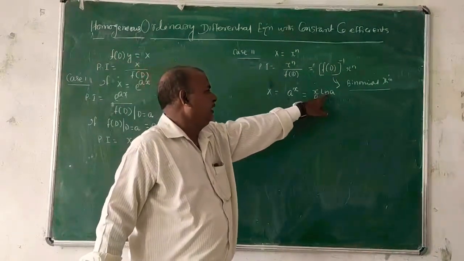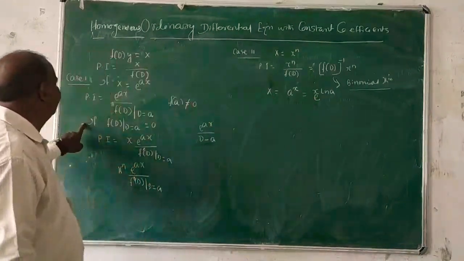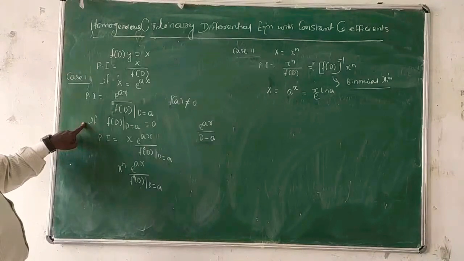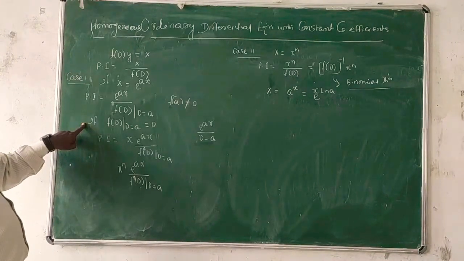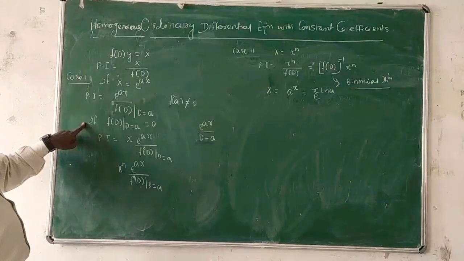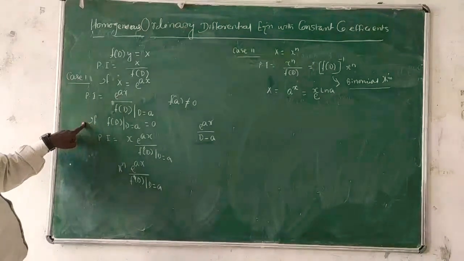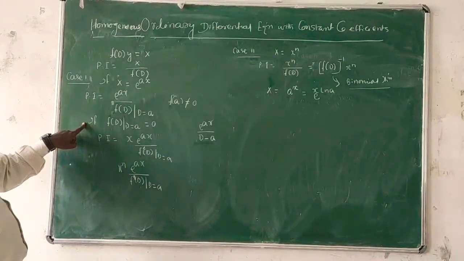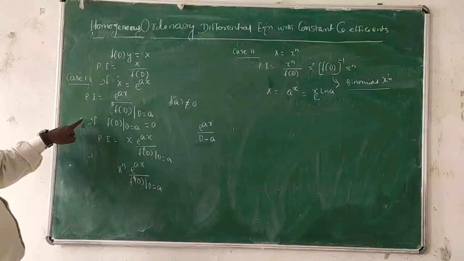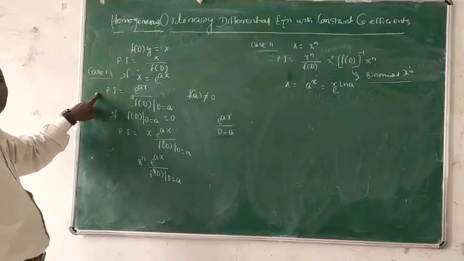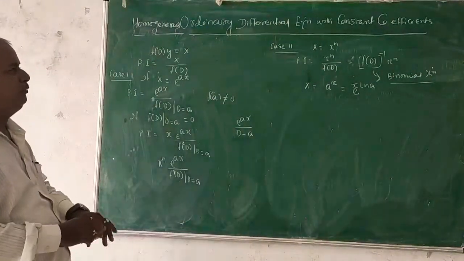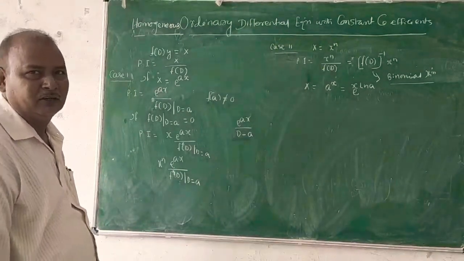So e to the power x ln a. Write the constant to the power variable in exponential form, then apply the first formula which I supplied. By the end of that, you can find the particular integral.